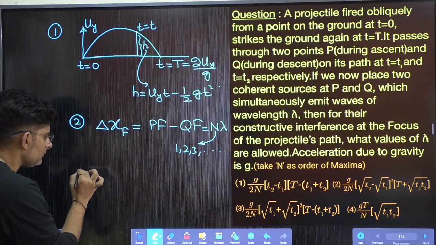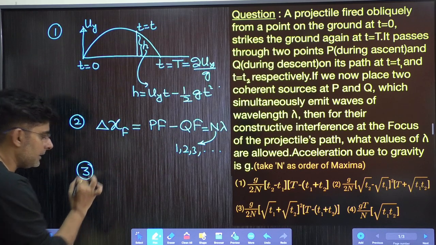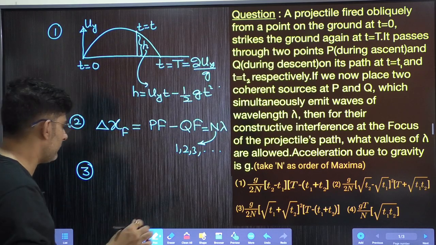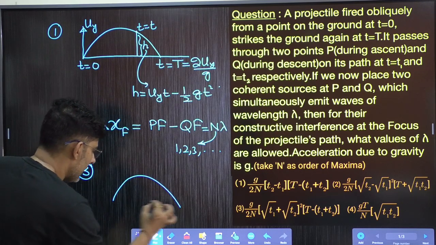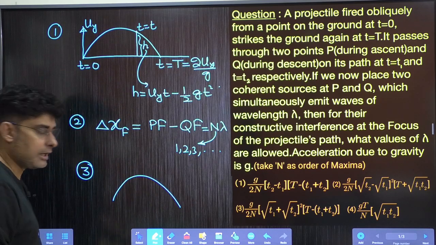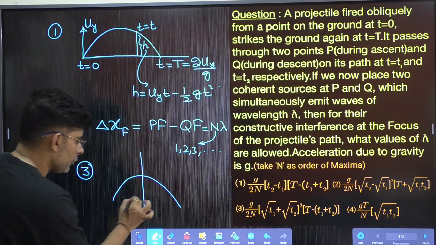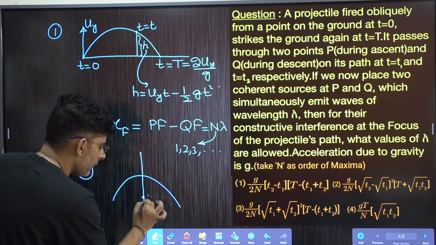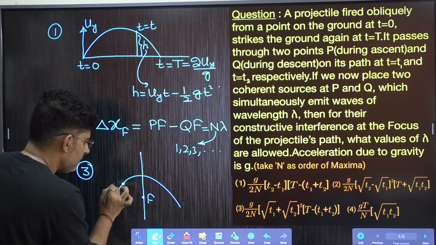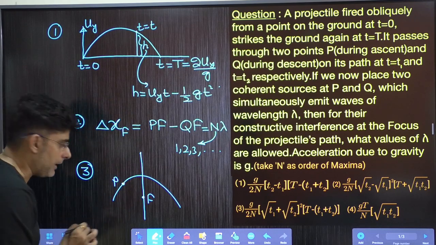Now, the third concept which we are using is from conics, which everyone should be aware of. When we have a parabola, and this is the axis of the parabola, with this being the focus, we take any point, say P, on the parabola.